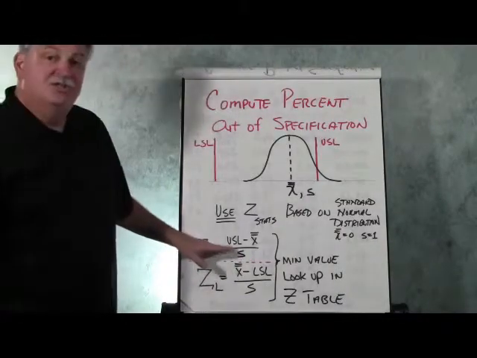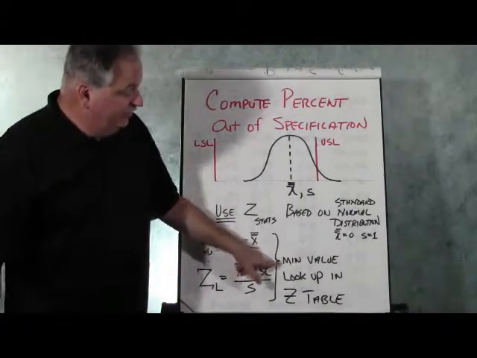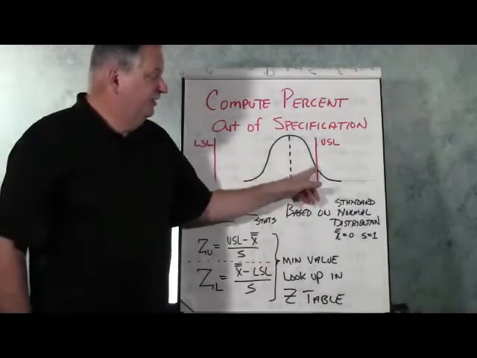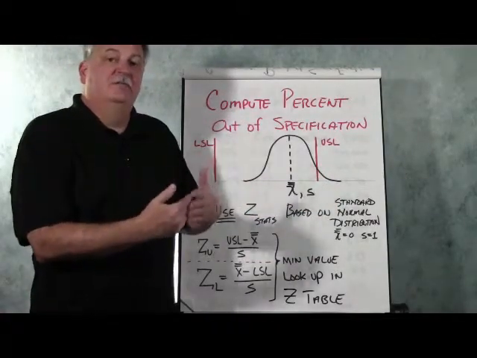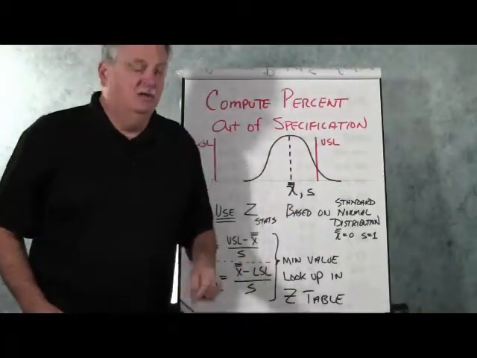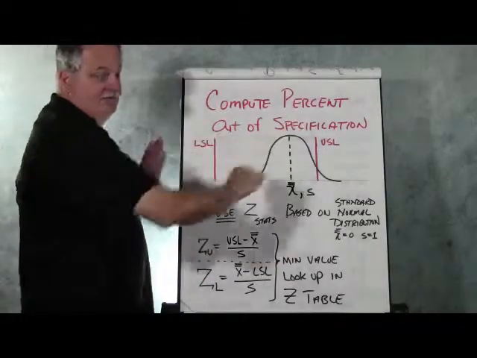And that gives us a z-statistic, could be for the upper value or the lower value. And then we look that up in a z-table. What that does is it's going to give us a value that is the percent of this distribution that's outside of the specification. Typically we're looking at either one side or the other side.